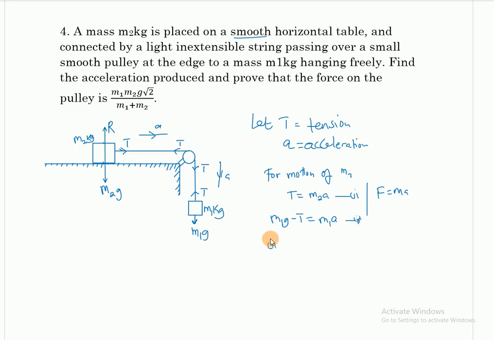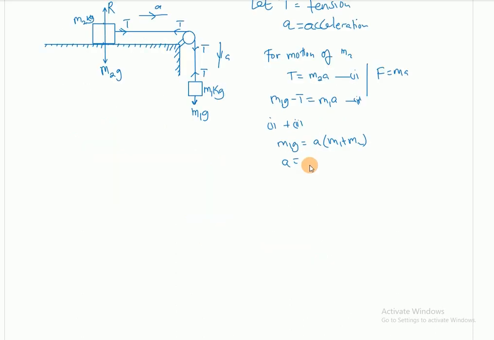We can add equation 1 and equation 2, because by doing that we eliminate T, such that m1g is equal to a into (m1 plus m2). Factorizing out a, you have the sum of the masses. a is equal to m1g divided by (m1 plus m2). That's the value of the acceleration.